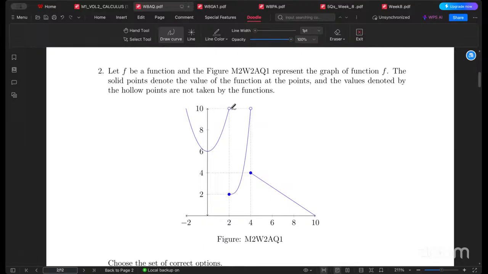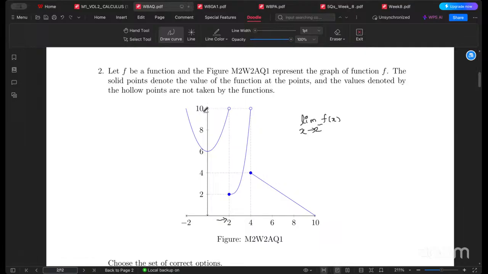2 comma 10, right? So now when I am approaching 2 from the left hand side, this means limit x goes to 2 from the negative side of 2, from the left hand side of 2, of f of x. So where is the function going?